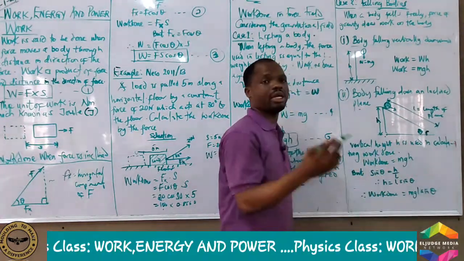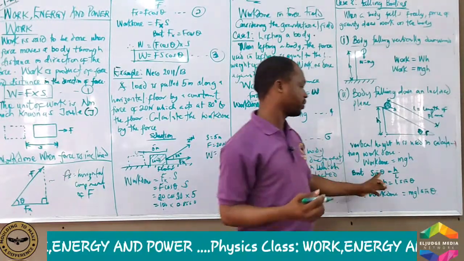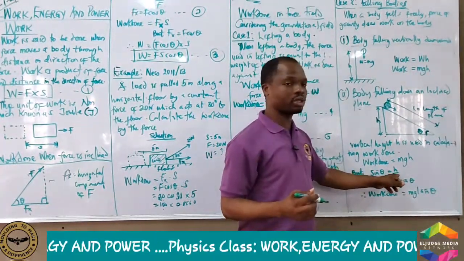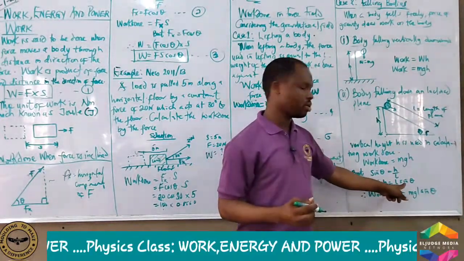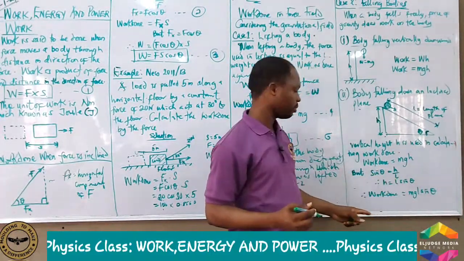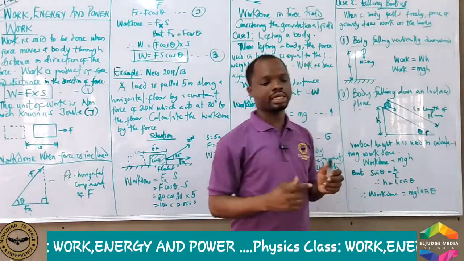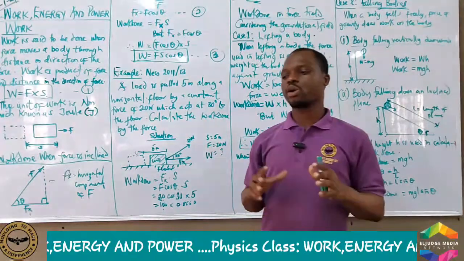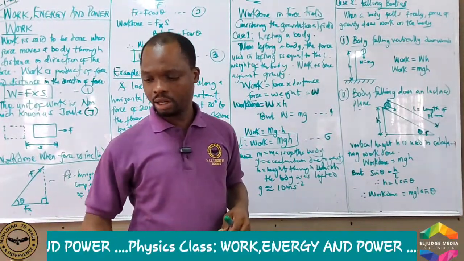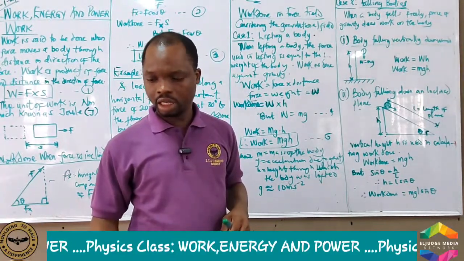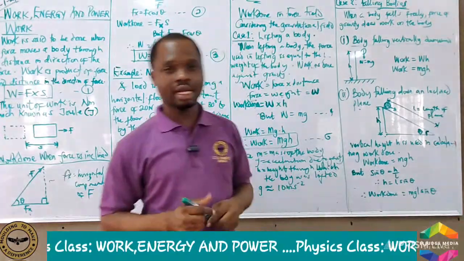What relates the opposite and the hypotenuse together is sine theta, which is opposite over hypotenuse, h over L. So therefore, h equals L sine theta. Therefore, we can write work done equals mgL sine theta. So when you are considering a body that is moving down an inclined plane, we use mgL sine theta.